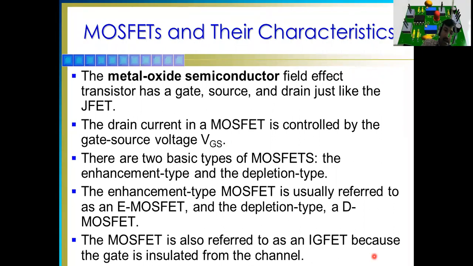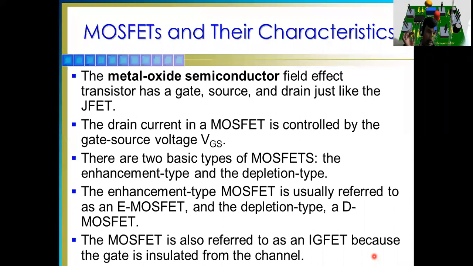Okay, so the enhancement type of MOSFET is usually called E-MOSFET, that is the enhancement MOSFET. And the depletion type of MOSFET is also called D-MOSFET. Right?